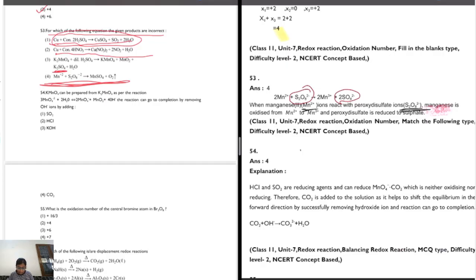Alright, and Mn2 plus would be oxidized to Mn3 plus. Am I clear? So therefore this reaction here is wrong. So this is the incorrect product.